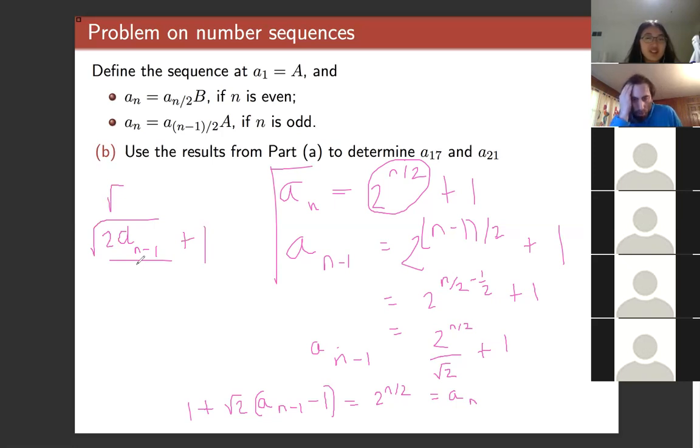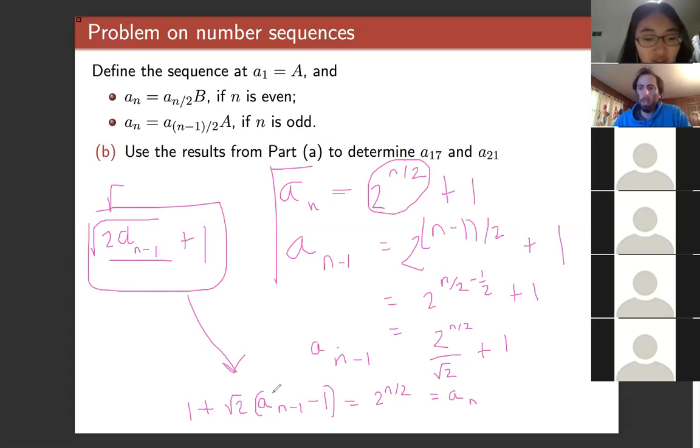I don't think so, just because these are not equivalent. It would have to be that this would be equivalent to that. These are not equivalent, just because we have a square root of a_n minus 1 here, and this is a_n minus 1. But I got that from the first 5 terms.